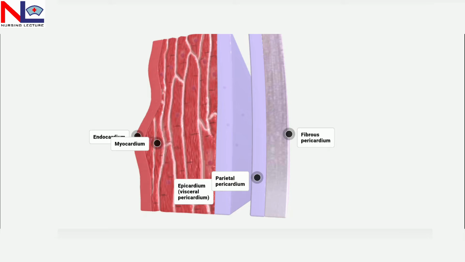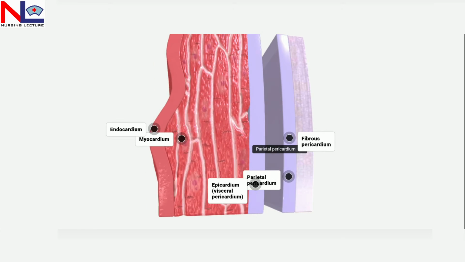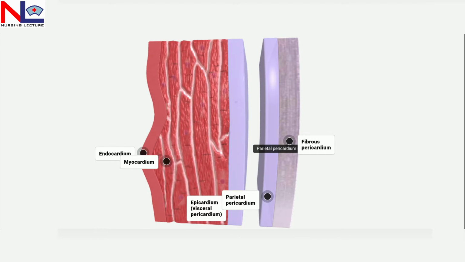So in the serous pericardium, here it is the parietal pericardium, and the other layer which lies deep to this is the visceral pericardium. So in the serous pericardium there are two linings, parietal and visceral pericardium, and between these two is the pericardial fluid that reduces the friction between these two linings.